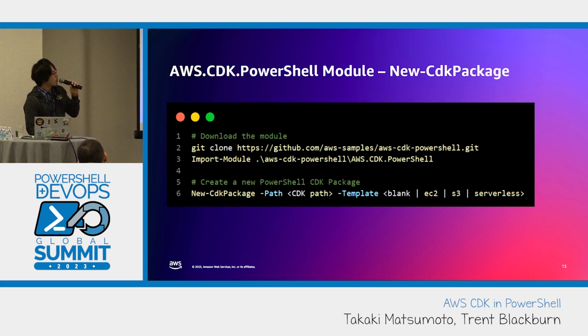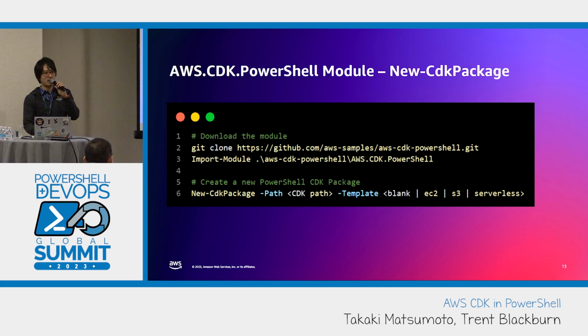All right, so the first one here is New-CDKPackage. This is really mocking what the AWS CDK CLI does. I know maybe most of you have used CDK, so you probably know, but the CDK CLI provides different commands. The first one we probably use is cdk new to create the new CDK package, which this function does for you for PowerShell.